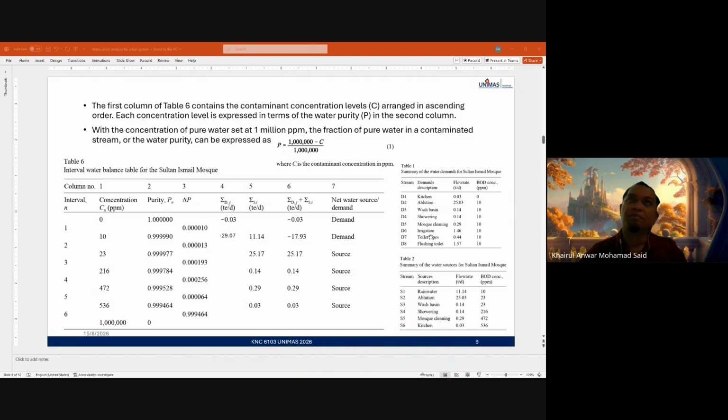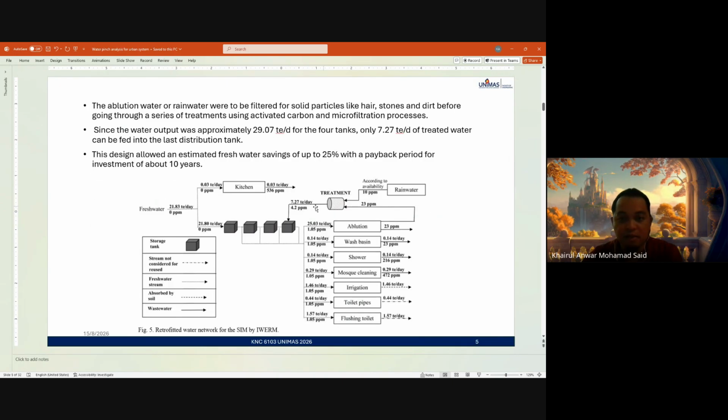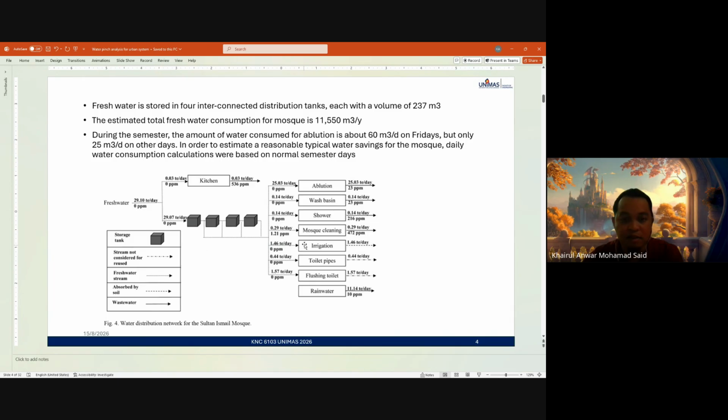So this is based on paper 3, water pinch analysis for an urban system, a case study on the Sultan Ismail mosque. So for the water demand here, refer back to this figure illustration.